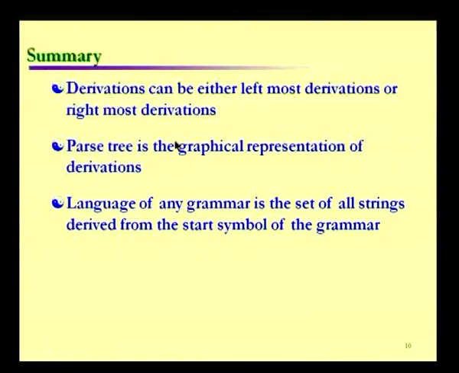To summarize, we have seen derivations and parse trees, that is, the graphical representation of derivations, and finally the language of the grammar. The language of the grammar should be exactly the same as the set of all strings we want to generate to form the programming language, that is, your programs.